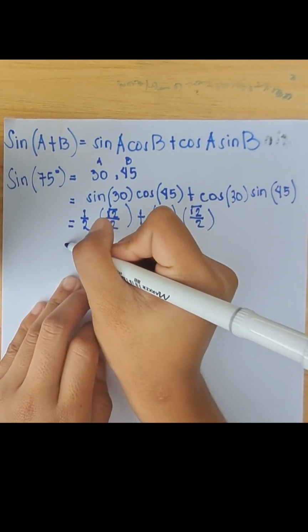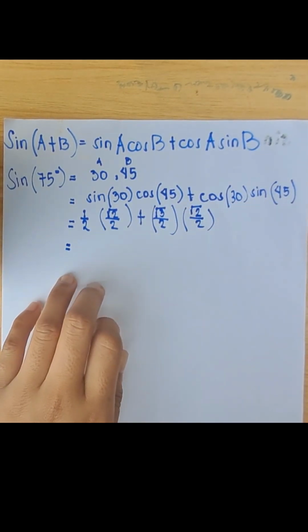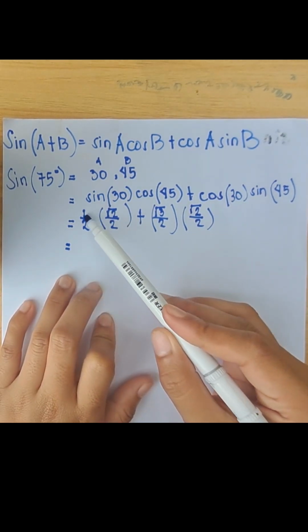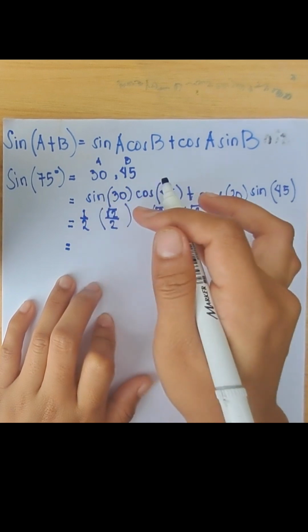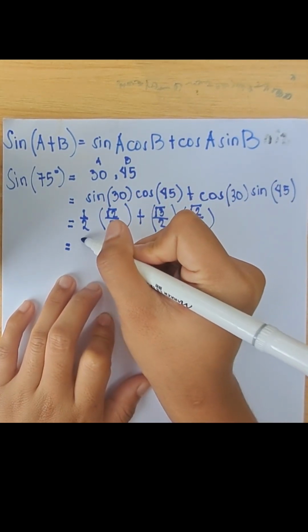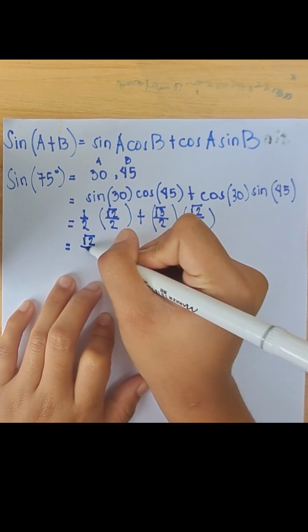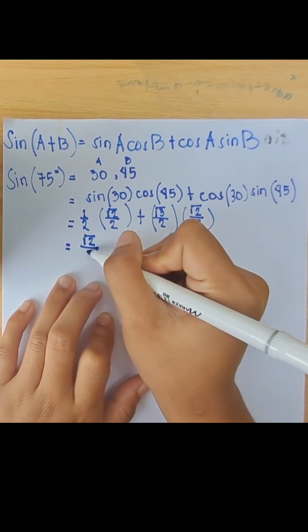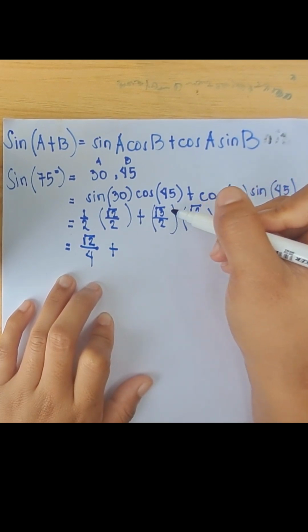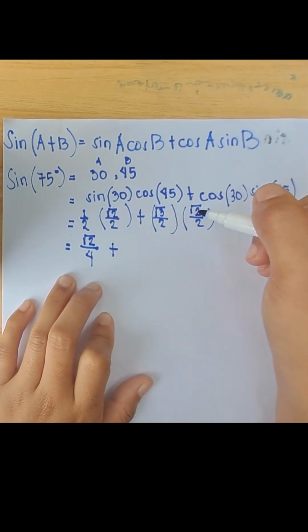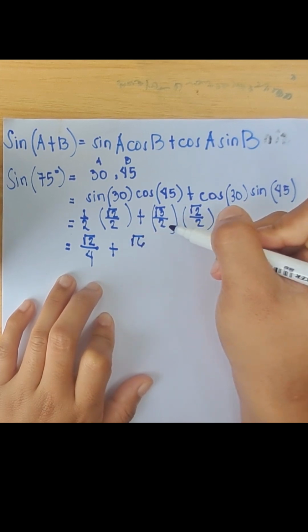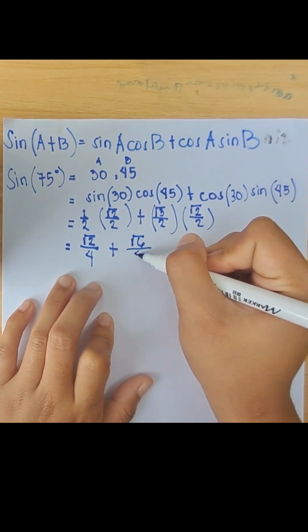The fourth step is to multiply. So we have 1 times square root of 2, and 2 times 2 is 4, plus square root of 3 times square root of 2 is square root of 6, and 2 times 2 is 4.